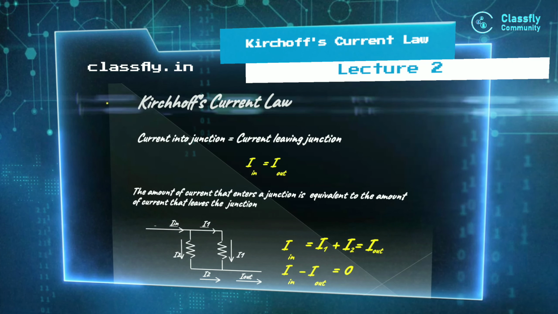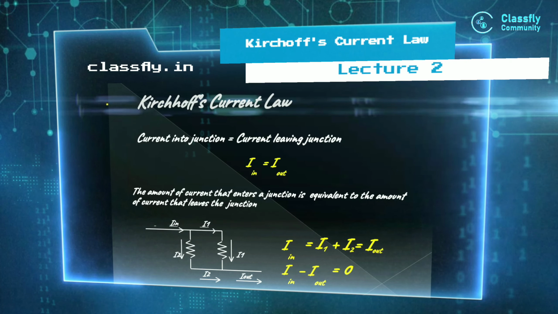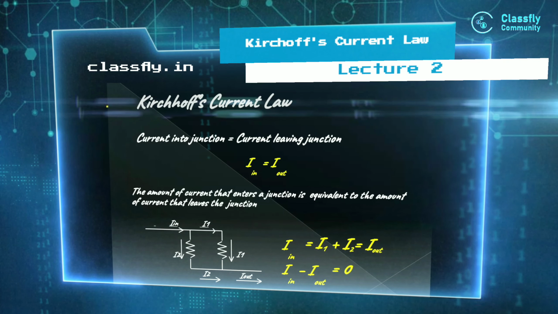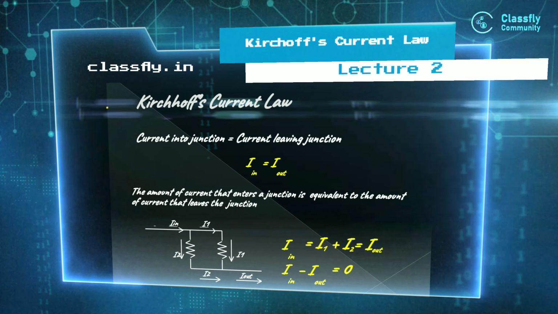We can see in this circuit that I in is coming, but it's also going out as I out. If I1 is coming, I1 is also going out. If I2 is coming, then I2 is also going out. So here I in is equal to I1 plus I2, right? Basically I in comes and we can see it gets divided.